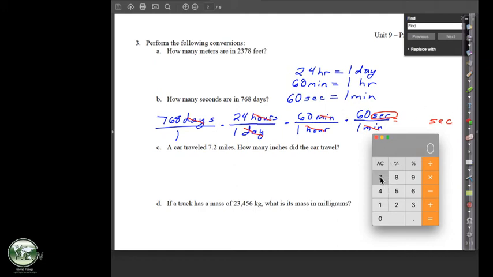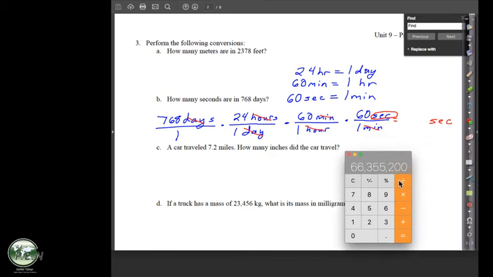Okay, 768. And how many years is that? About 2, right? 365 days in a year, so that's almost 2 years, roughly, just an estimate, times 60 times 60. Whoa, that's a lot of seconds. 66 million. So don't waste your seconds. You only got 66 million of them in the next year.